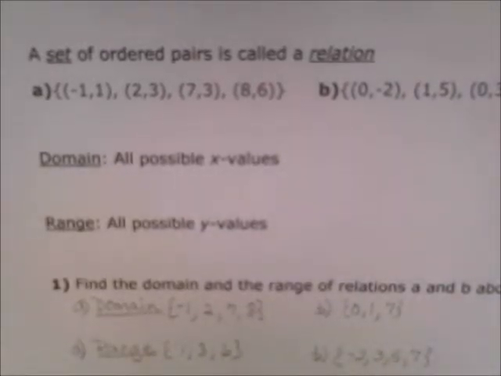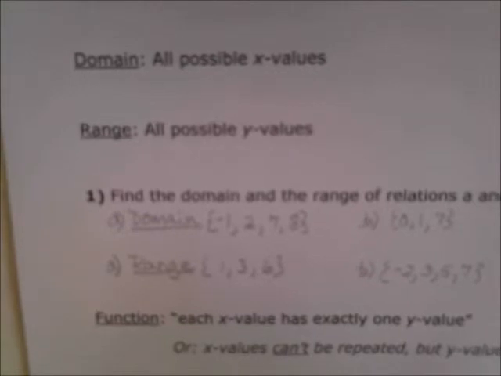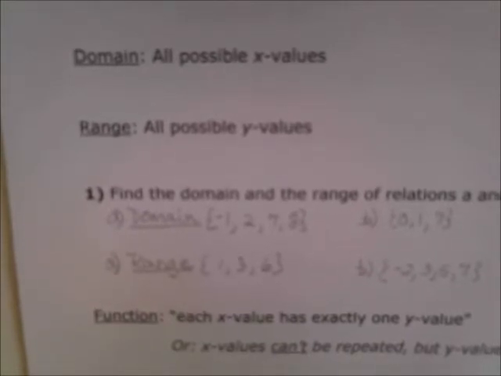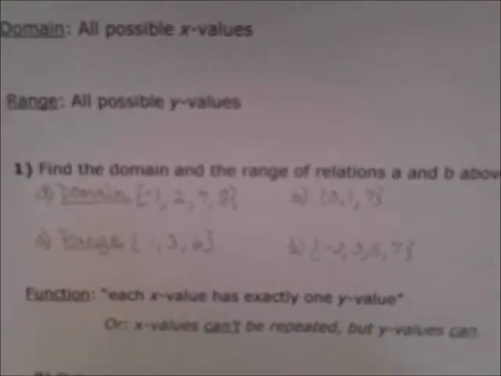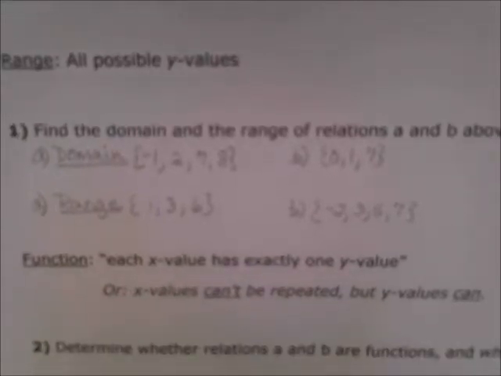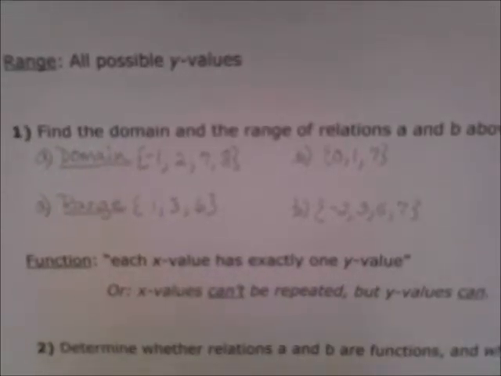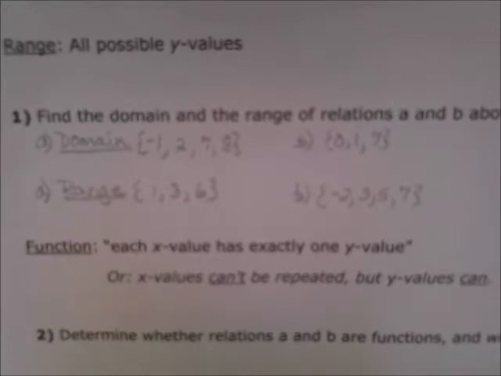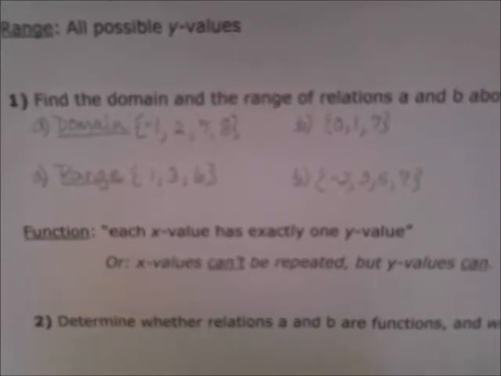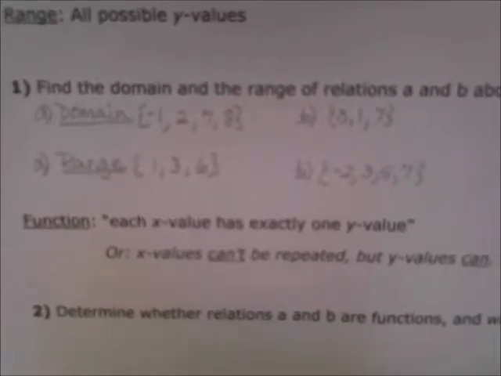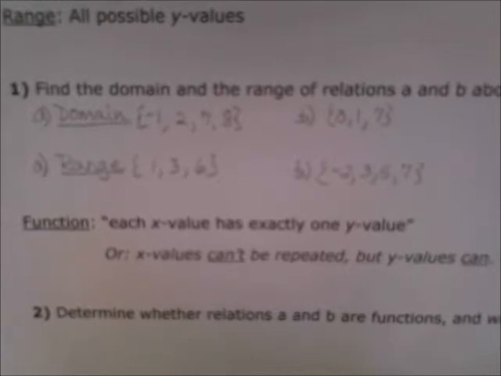Okay, so for a function, the word function, we're talking about how these things function. Okay, so a function defined is that each X value has exactly one Y value.